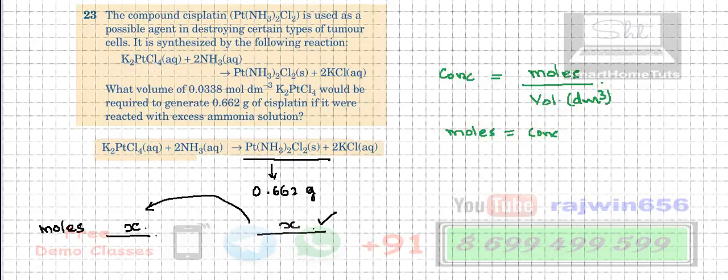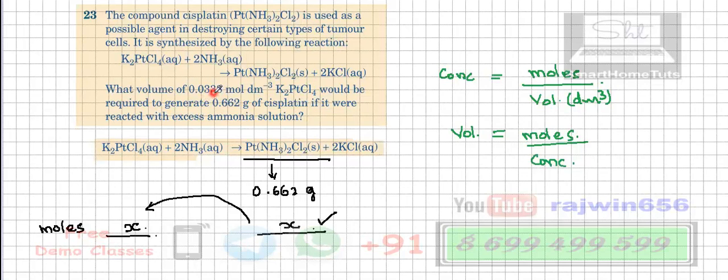I'll just rearrange these terms so that I can write one subject formula. So I'll bring this volume up over here. This is equal to moles, the moles that we have calculated over here, divided by concentration. This concentration is already given to us.